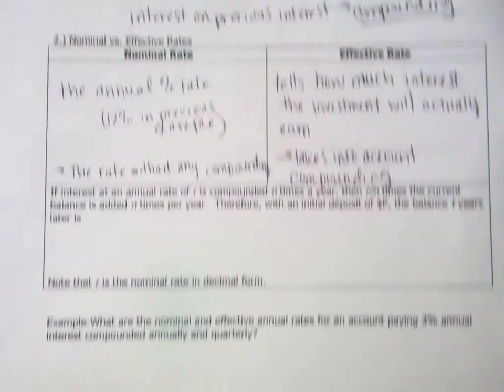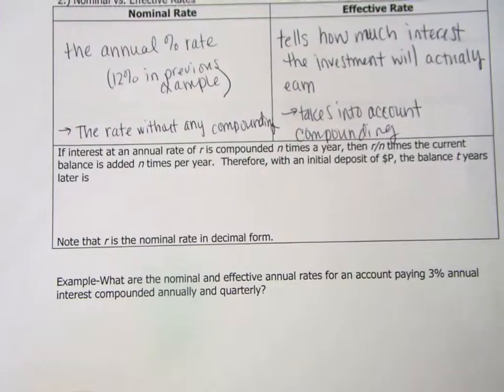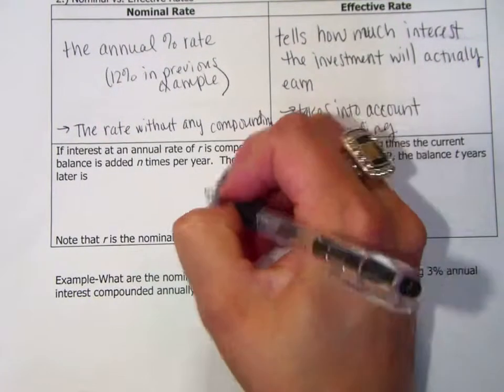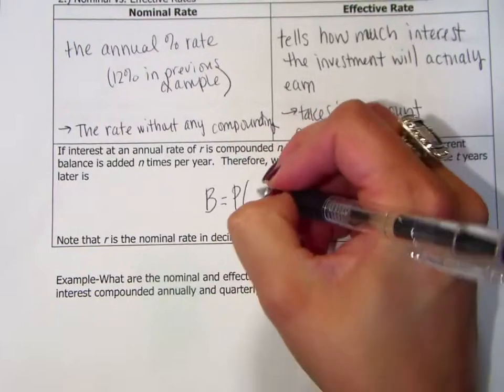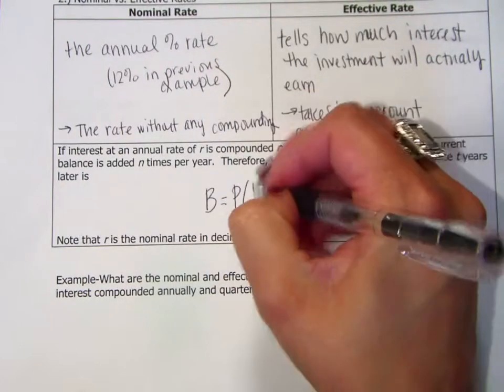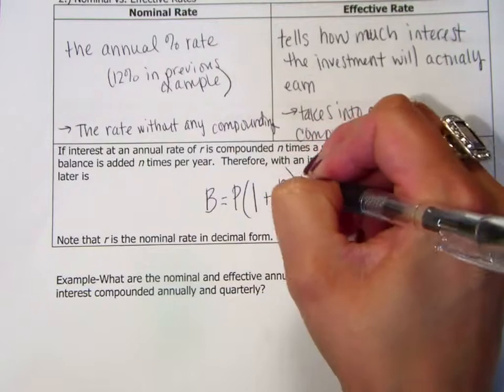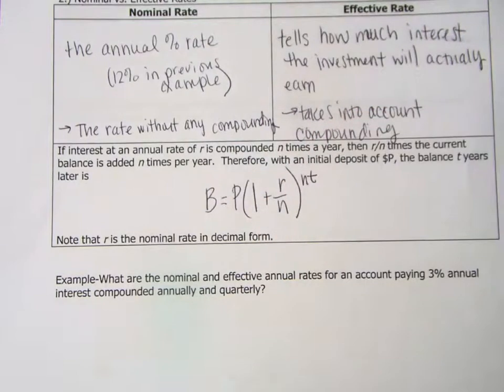The general compound interest formula that you guys have seen before: B for balance equals the principal times 1 plus R over N, to the NT.